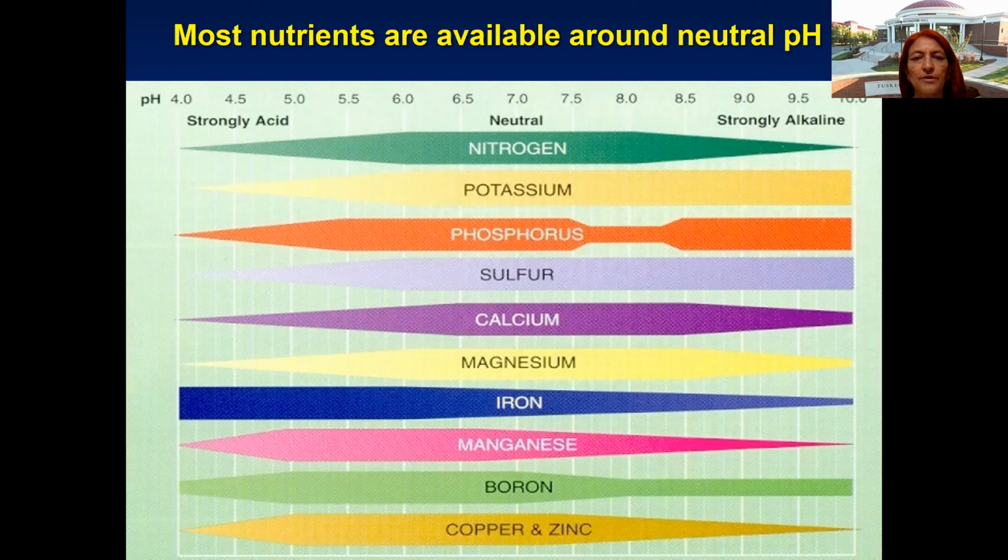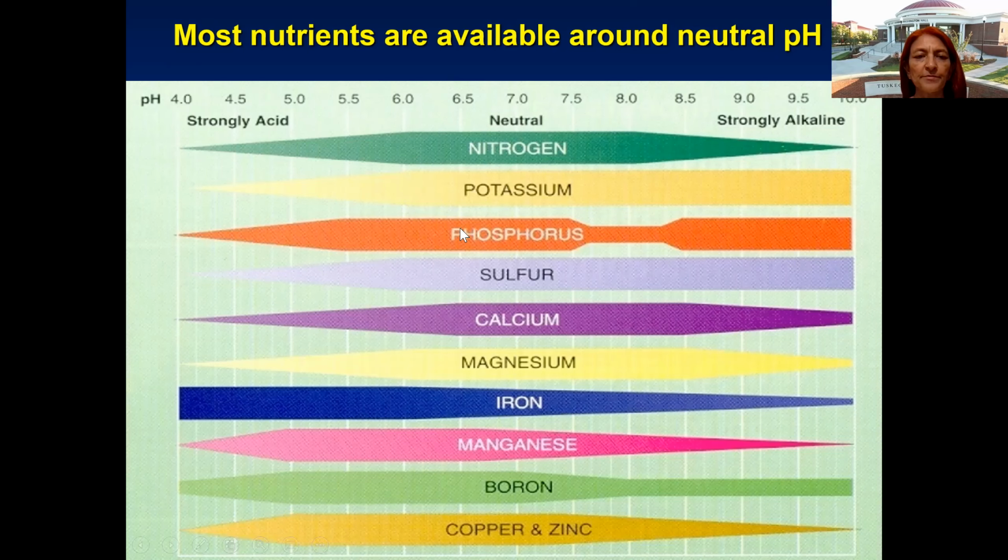And if you look at the potassium fertilizer, again, its availability decreases below pH 6, and it continues from 6 all the way to pH 10.